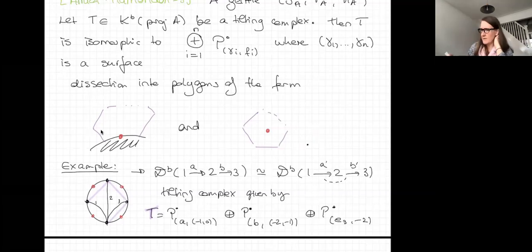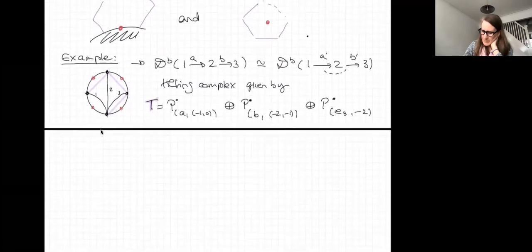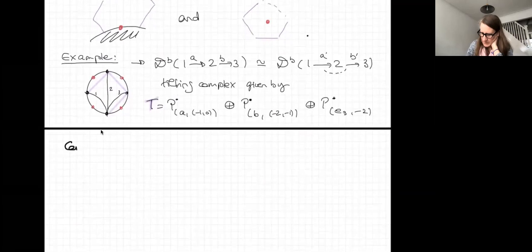Okay, and then we get the following corollary. I misdeleted an edge. Okay, so we get a description of those surface dissections that give us tilting complexes. So it's in some sense a converse.